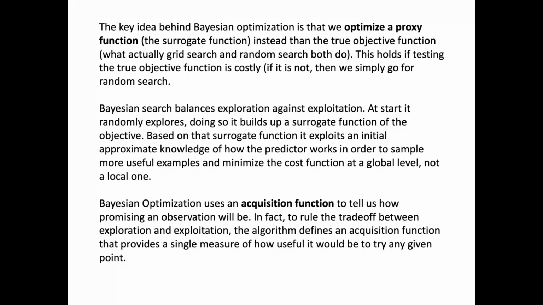The key idea behind Bayesian optimization is that it's very expensive, costly in terms of computation and time, to test your machine learning algorithm on the data. So you also have to minimize the effort you are making to figure out the best hyperparameter combinations.